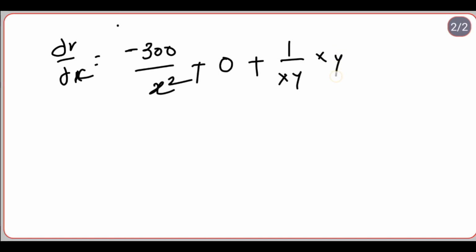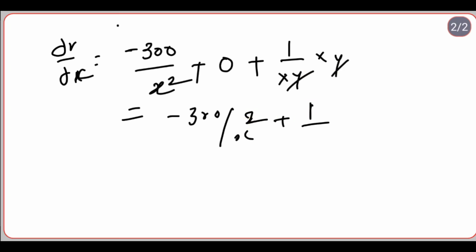That equals minus 300 by x square plus 1 by x. Here y gets cancelled.